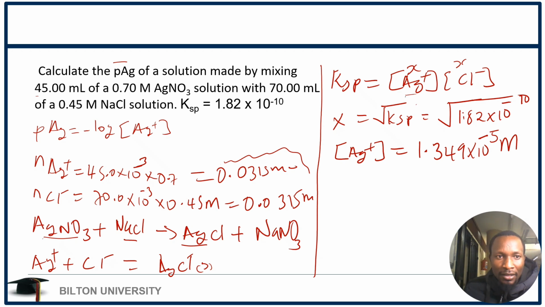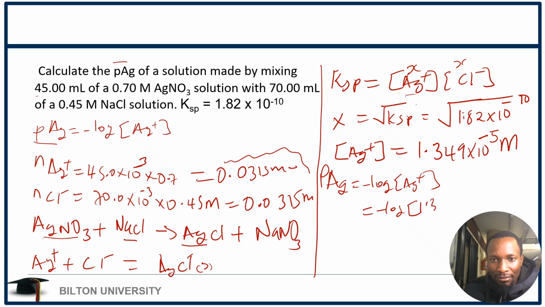But remember, the question is asking you to calculate the pAg, and you have said that pAg of silver is the minus log of the concentration of silver. So we're going to say our pAg is equal to minus log of the concentration of silver ions, and that's going to be minus log of 1.349 times 10 to the power minus 5.